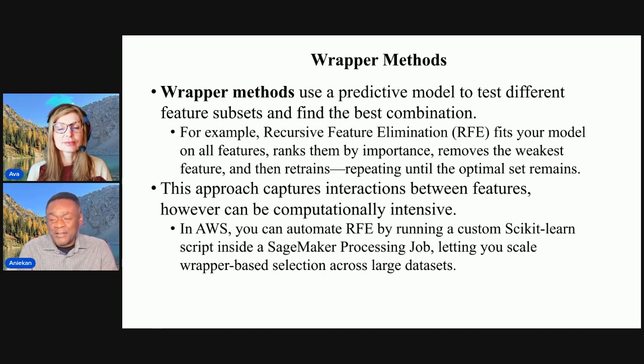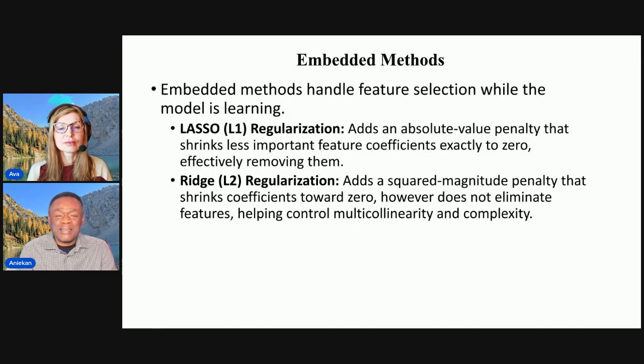And then we have the embedded method. Yes, we have the embedded method. This folds feature selection directly into the model training process. We can talk about the first one, the lasso method, or L1 regularization.